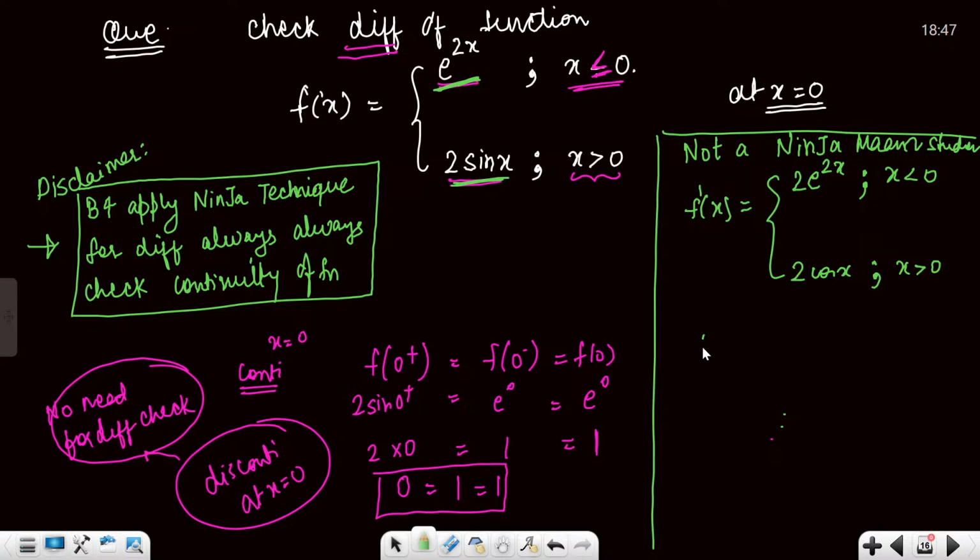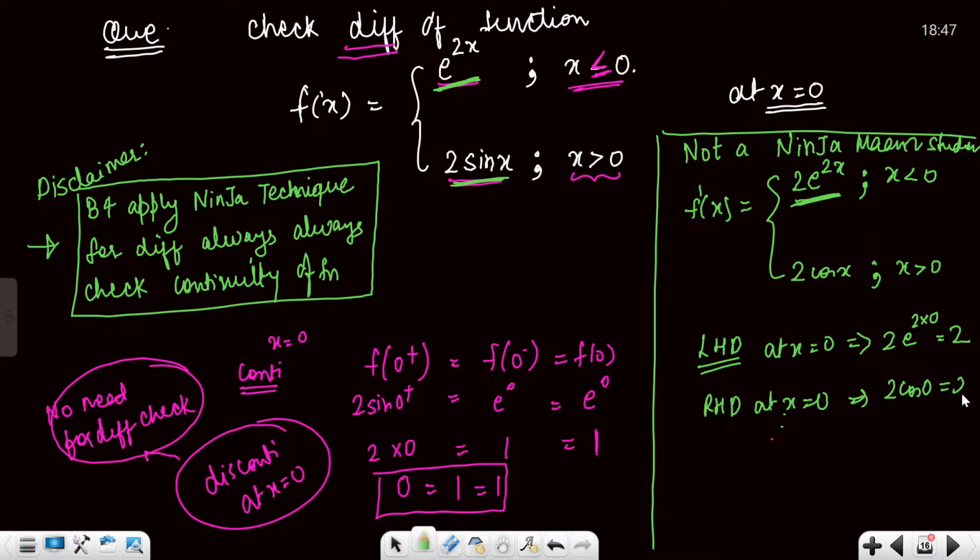For LHD at x equals 0, you plug in 0: 2 e power 2 into 0, so this is 2. What about RHD? It is going to become 2 into cos 0, that is again 2. So he will say LHD equals RHD, and yes, differentiable.